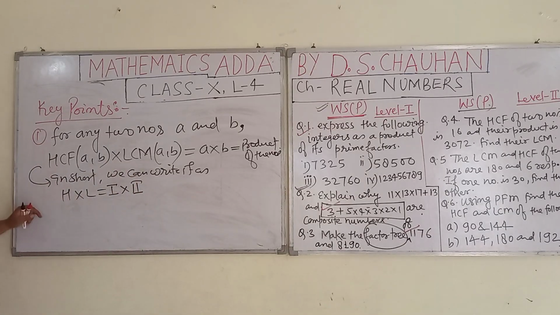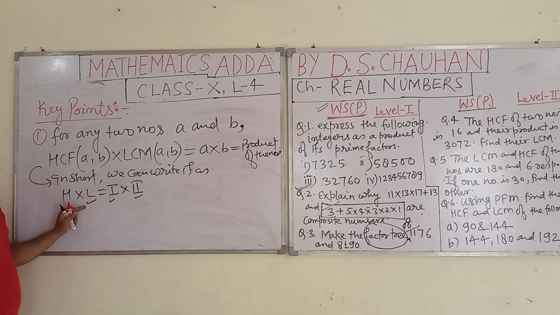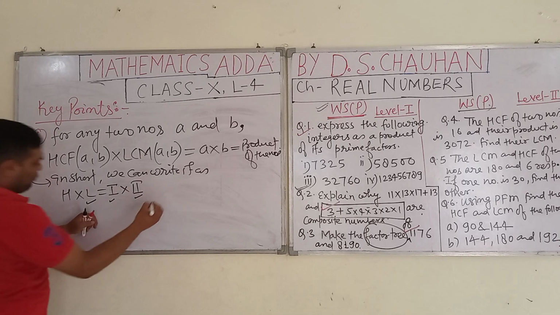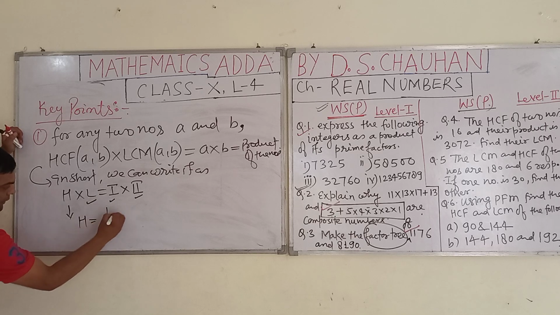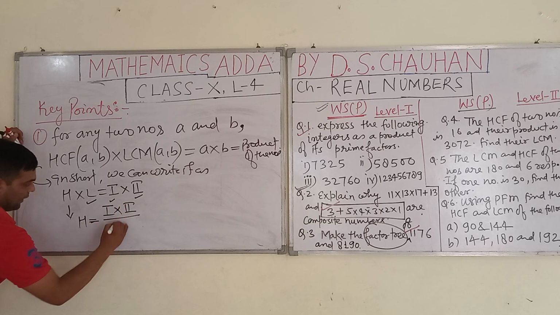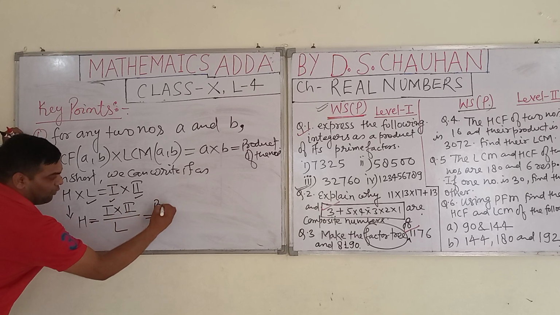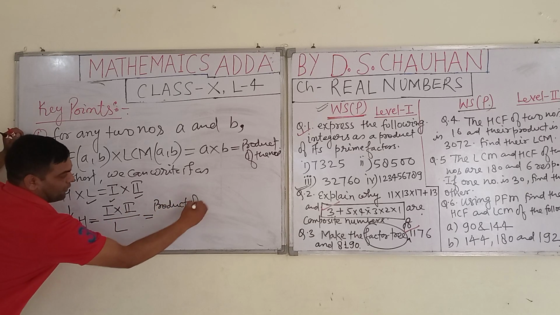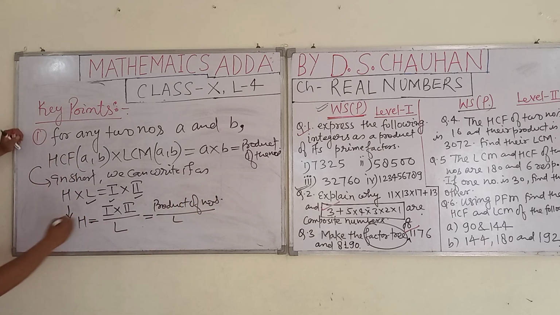Suppose the first number, second number and LCM are given and you have to find out the HCF. What formula will you get from here? H can be written as first number into second number upon LCM, or first into second, we may note down as product of numbers upon LCM.